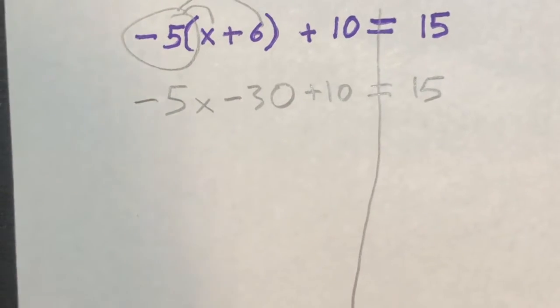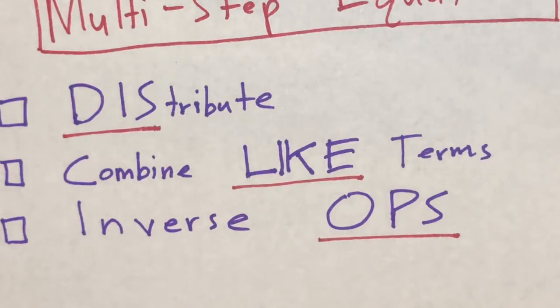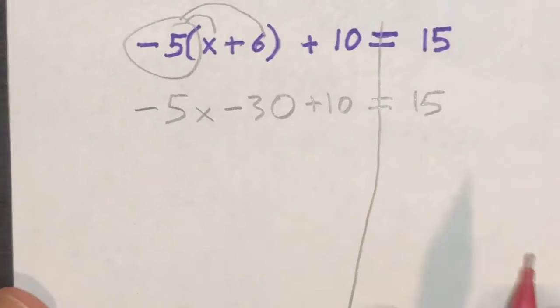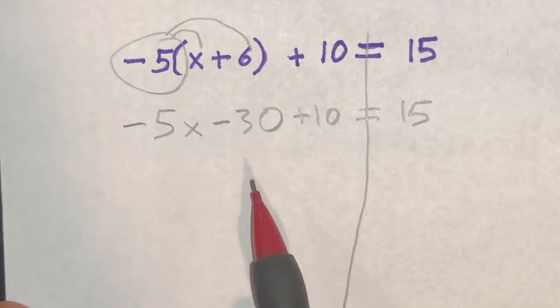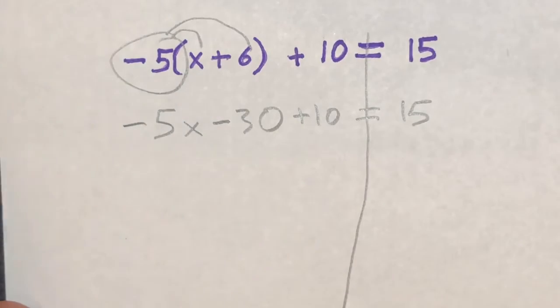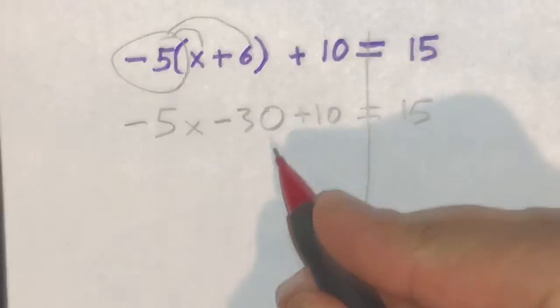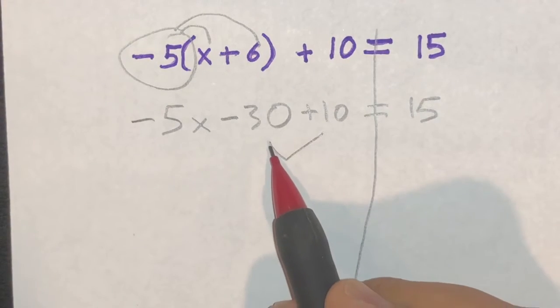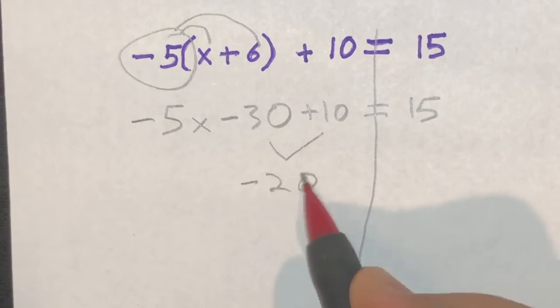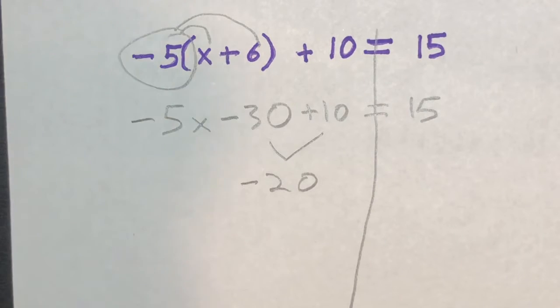Now our next step: we did our distribution, so now we're going to combine like terms. Are there any like terms on this side? There are. We have a -30 and a 10. So we have a -20 now. This part I'm just doing in my calculator if I need to.